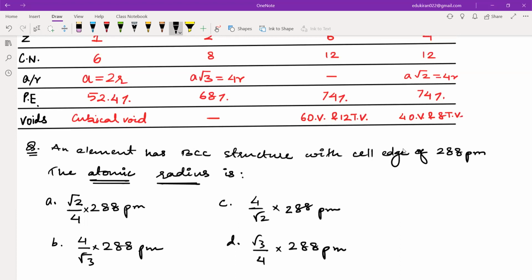What is the atomic radius? Hamza, don't answer in a hurry. Think and tell. Calculator, basically, you use pen and paper. Now use pen and paper.